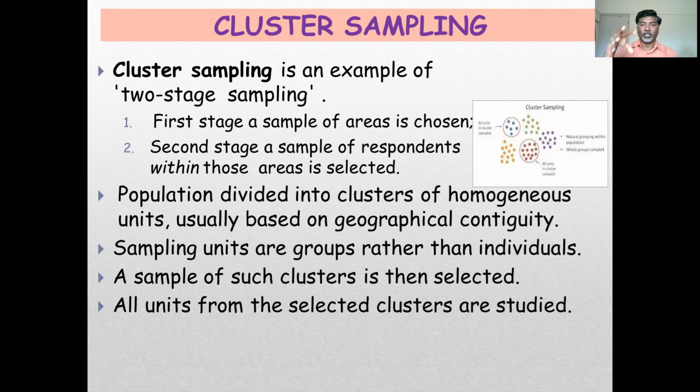If you select a particular cluster, then all members from that cluster are considered for our research. So in cluster sampling, we divide the total population into a number of clusters, select some clusters for our study, and take all members from the selected clusters into consideration. This is the basic difference between stratified sampling and cluster sampling.